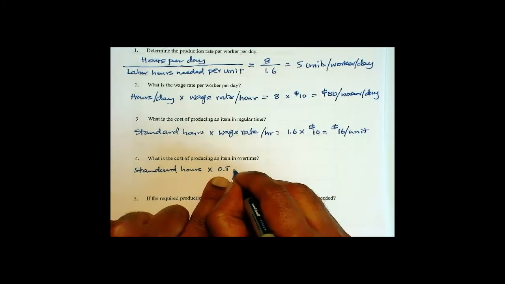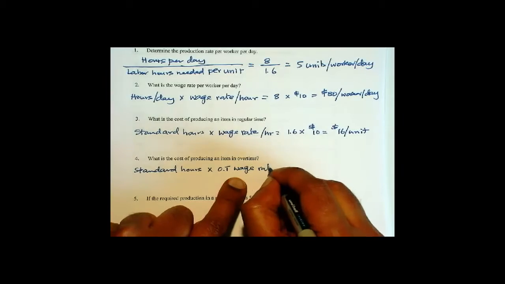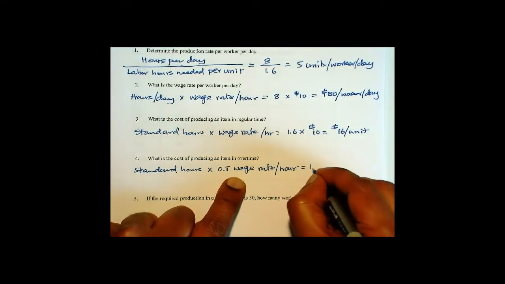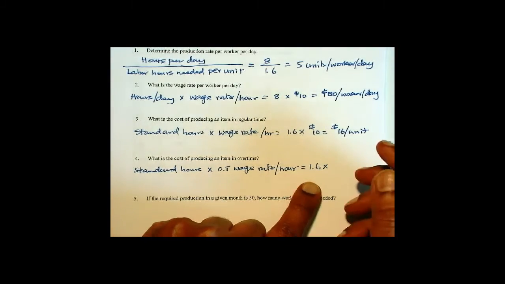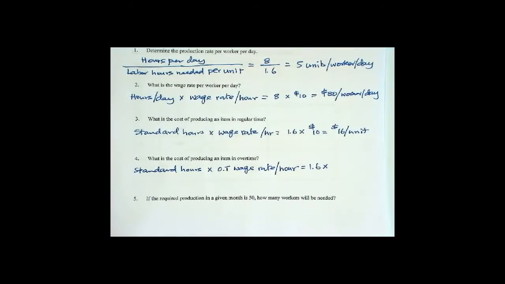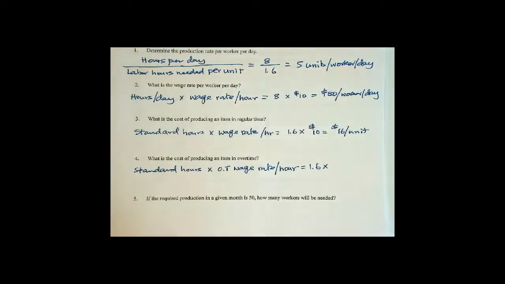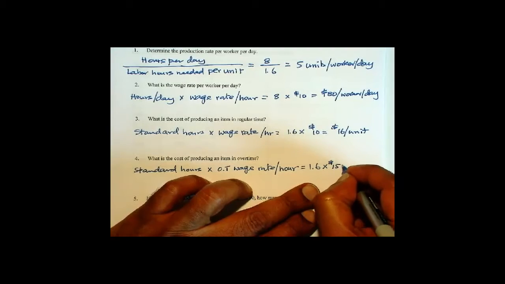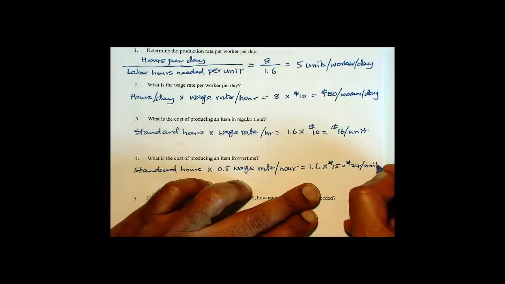So that is equal to, again, 1.6 hours times the overtime wage rate. Remember, we assumed the overtime wage rate is going to be $15 an hour. So 1.6 times $15 will give you $24 per unit.